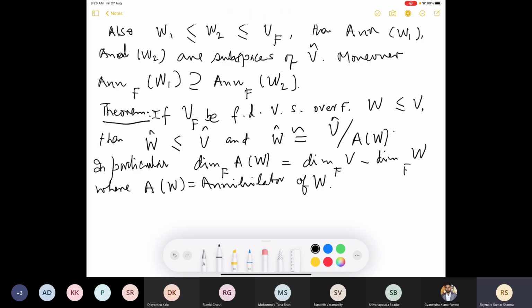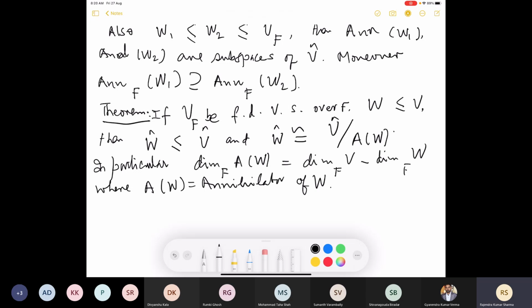So what we can see is as follows. We want to use the first isomorphism theorem of vector spaces, and we'll try to have a map from V hat onto W hat with the kernel AW, and then we can apply this.